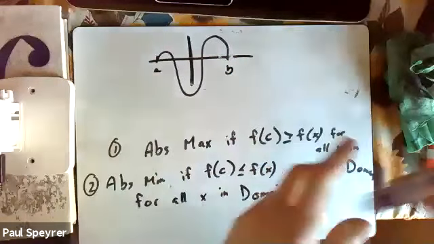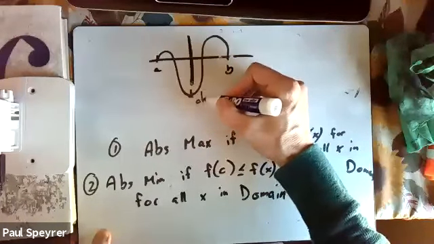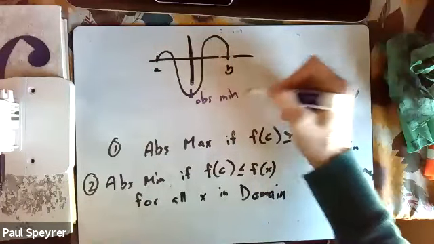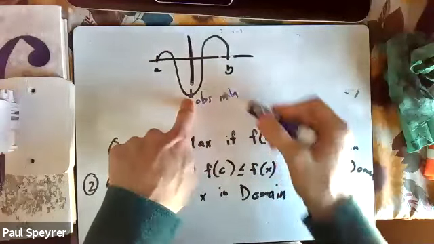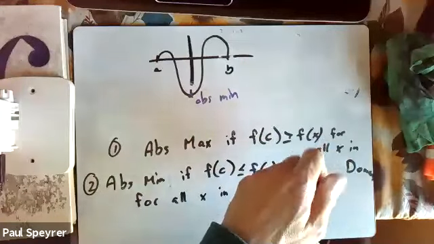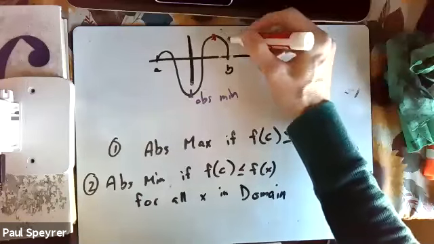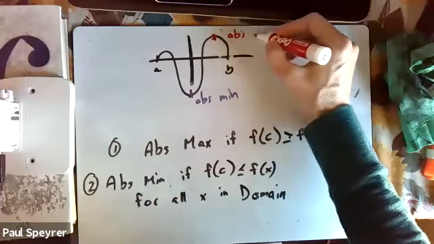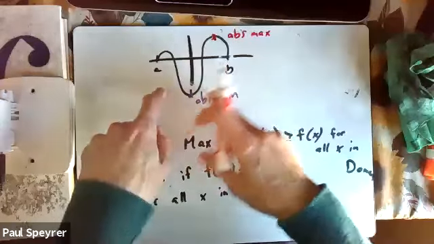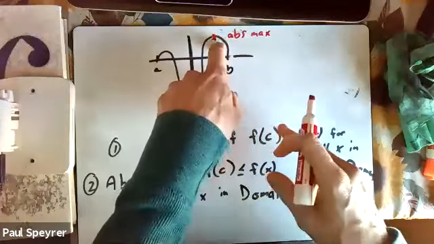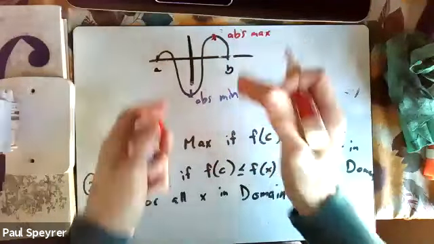Well, in this particular case, this would be your absolute min, because it's the lowest Y value point. It's the lowest Y value that your line hits. Likewise, this right here would be your absolute max, again within that range between A and B, because that's the highest Y value that our line hits within this snapshot.